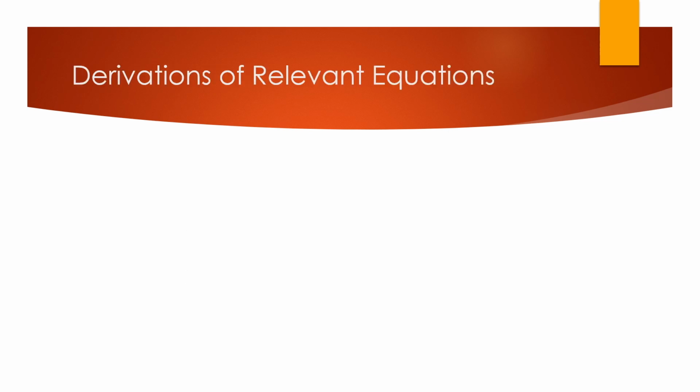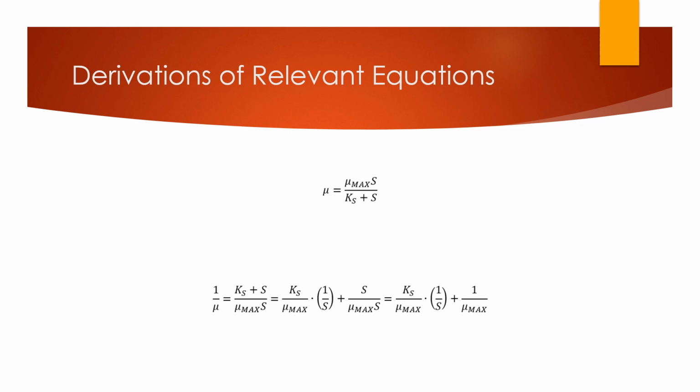The M9 media data can be described using Monod-type kinetics. Using Monod-type kinetics, we see that the relevant equation, mu, is expressed as mu max times the substrate concentration over Ks plus S, where Ks is described as the Monod constant.